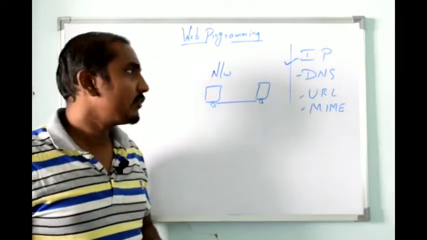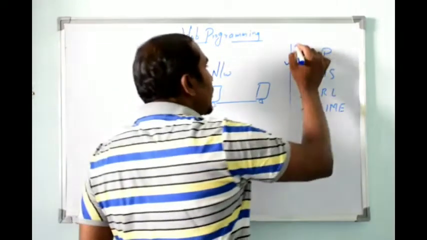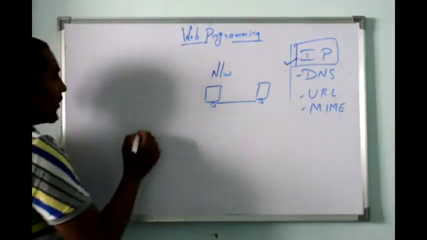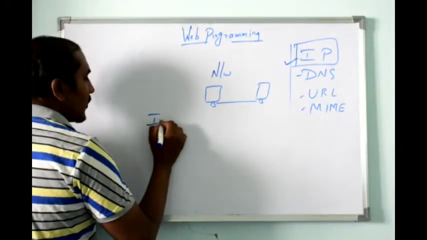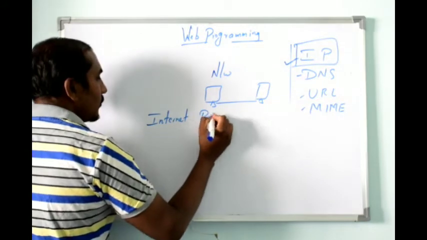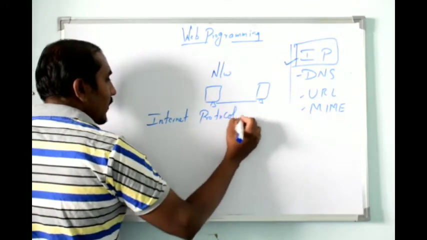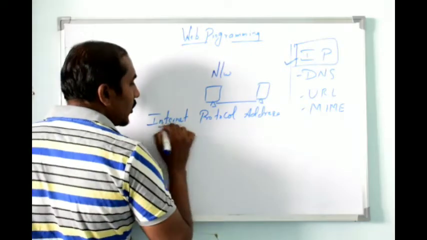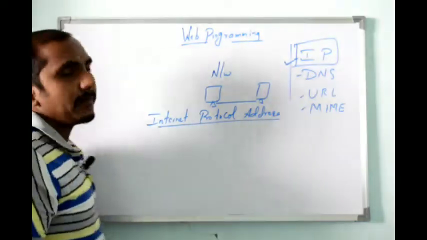Since we cannot give names for the computers, we have something called IP, which is nothing but Internet Protocol. It is called an Internet Protocol address, or we simply say IP address.